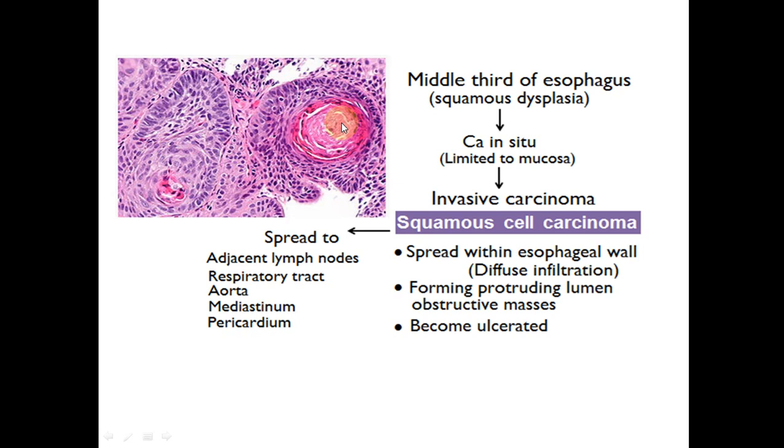So what happens is that when a normal cell is converted into a malignant cell, it has specific characteristics. For example, there is hyperchromatosis, and the nuclear cytoplasmic ratio is changed. The nucleus becomes larger and the cytoplasm becomes less.